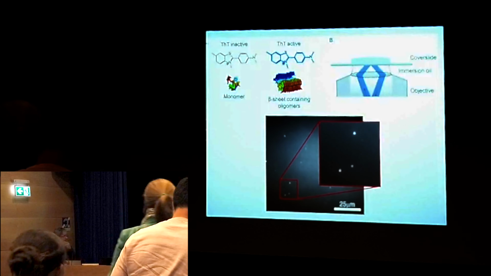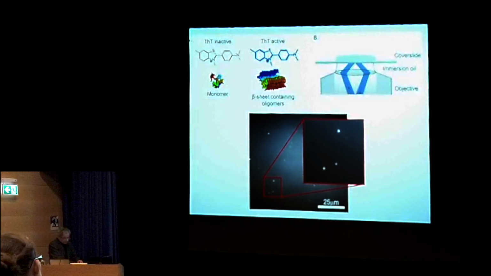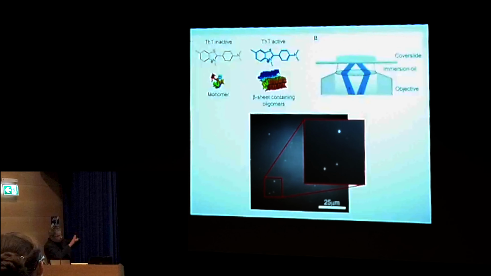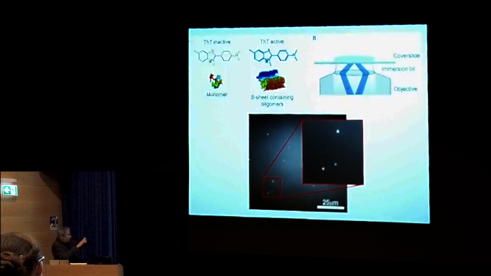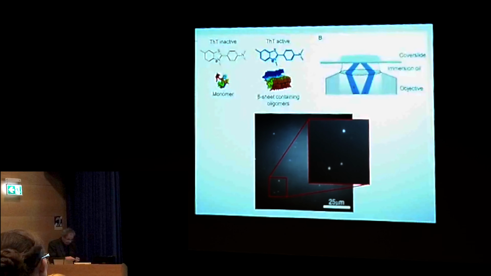This is an experiment that Matthew Horrocks, who's in the audience, did a few years ago. What is commonly used in the lab is a dye called thioflavin T. This dye looks like this in its unbound state and is non-fluorescent. But when it binds beta sheet containing oligomers, it flattens and becomes highly fluorescent.